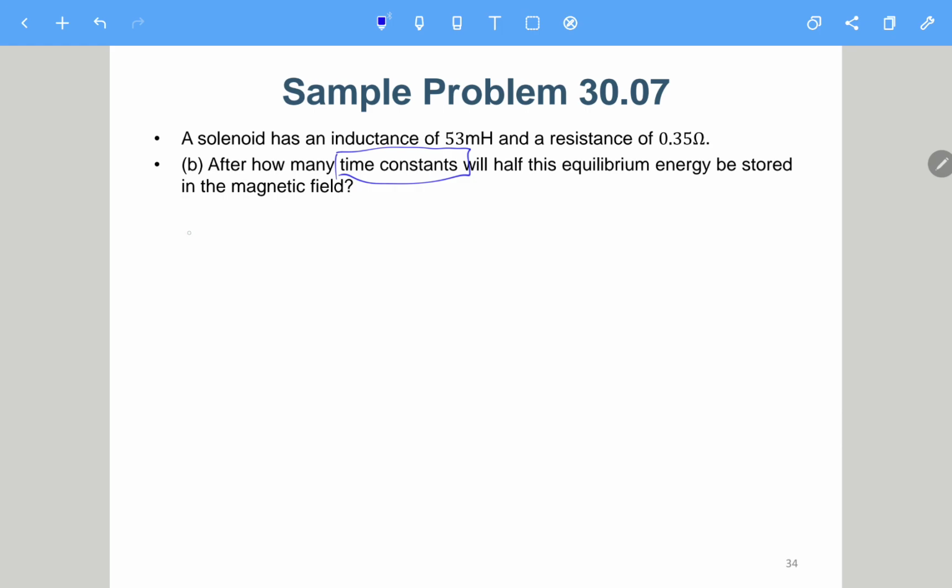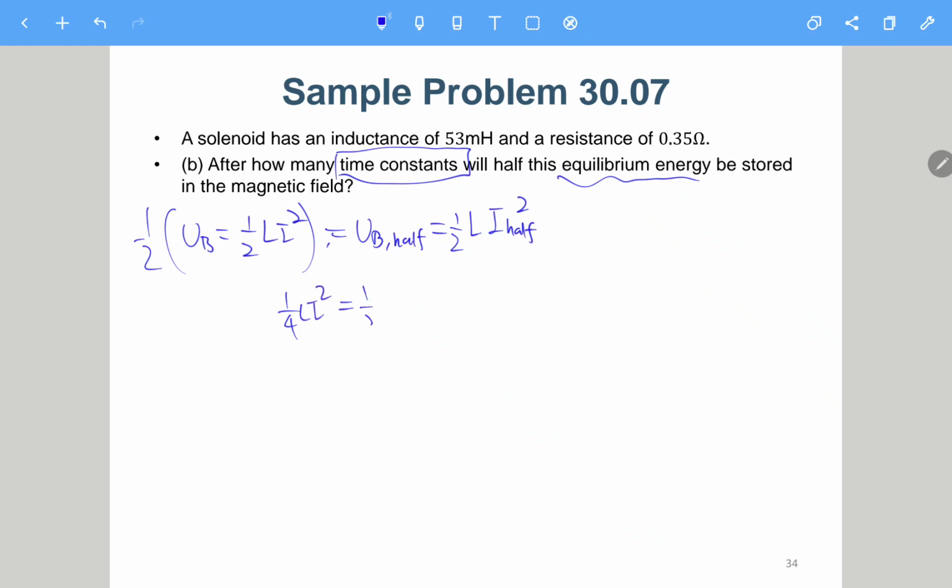As UB is 1/2 Li squared, if we need half of the equilibrium energy, then UB half should be 1/2 Li half squared, and this one should be half of the equilibrium value. So 1/2 of 1/2 Li squared equals 1/2 Li half squared, which means we have 1/4 Li squared equals 1/2 Li half squared.